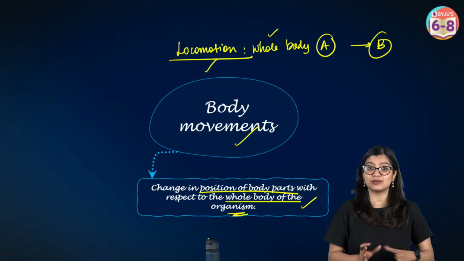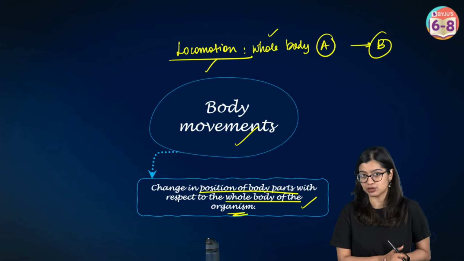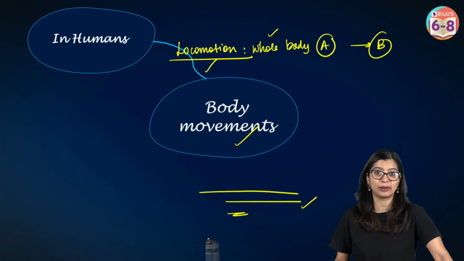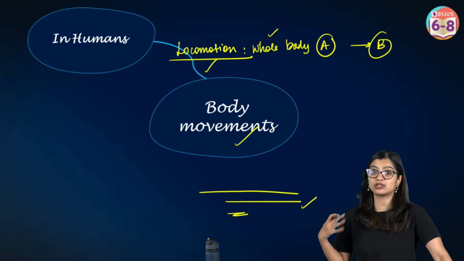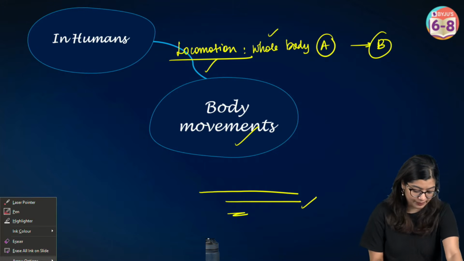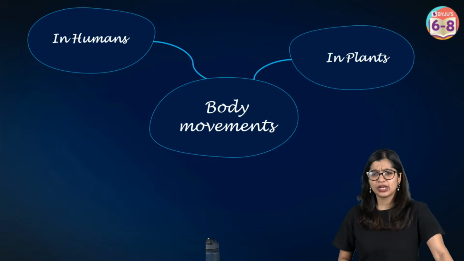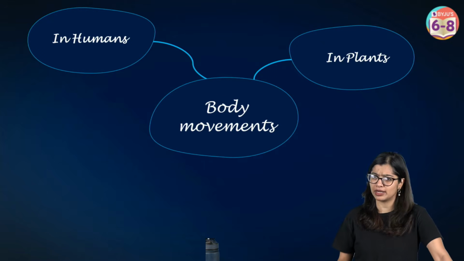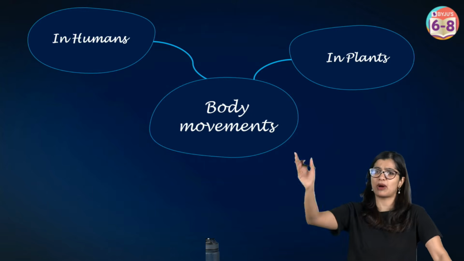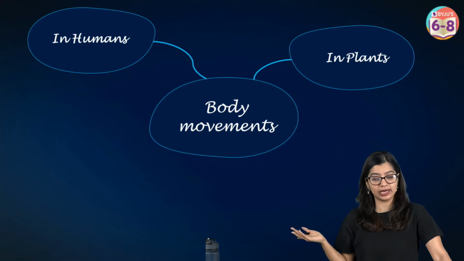Now, where do we observe this locomotion? Who are the organisms that can locomote or go from one place to another? Well, we know we human beings have the ability to go from one place to another. If you talk about other animals also, we know that they have the ability to go from one place to another. But what about plants? Do you think plants go from one place to another? No, right? I don't see a plant getting up, walking and going from one place to another, searching for water and carbon dioxide.